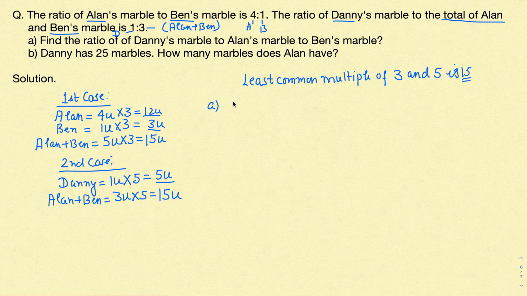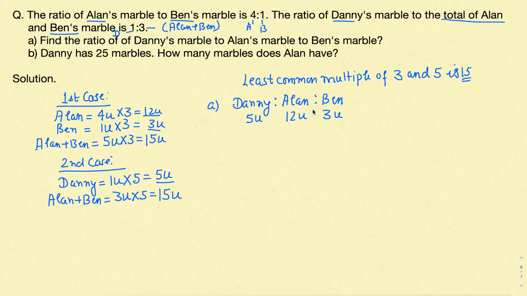We have to find the ratio of Denny's marbles. So it's Denny to Ellen to Ben. How many units of marbles does Denny have? 5 units. How many units does Ellen have? 12 units. And Ben? 3 units.